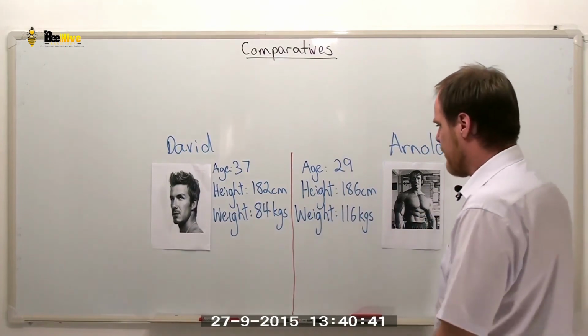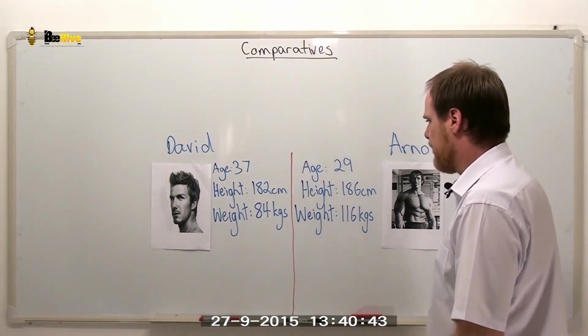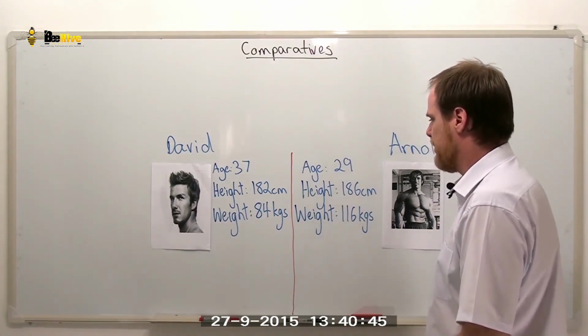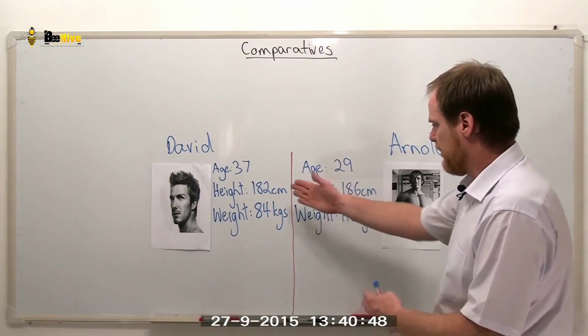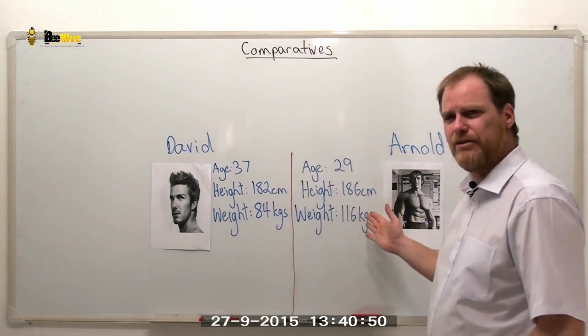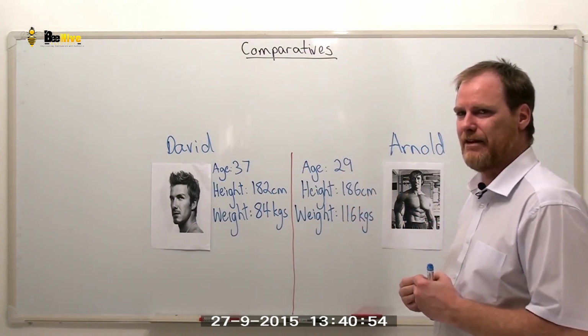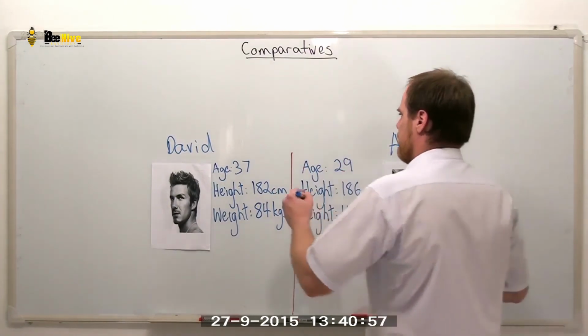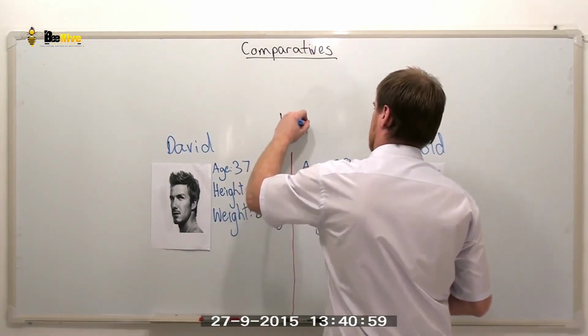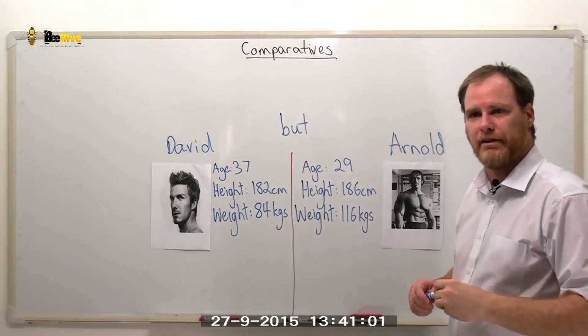Okay? All right. So I think that you can look at this information, and what I want you to do now is make a slightly more complex sentence. Okay? So this time we're going to use the word but for comparison. Okay?